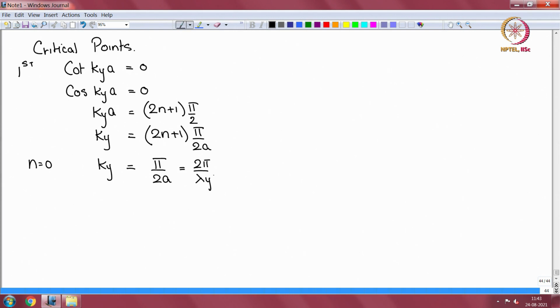This is the relation between lambda and wave number. ky is the y directional wave number, so lambda y is the y directional wavelength. So if we now do this, it implies that lambda y is equal to 4 times a. We will picturize this.